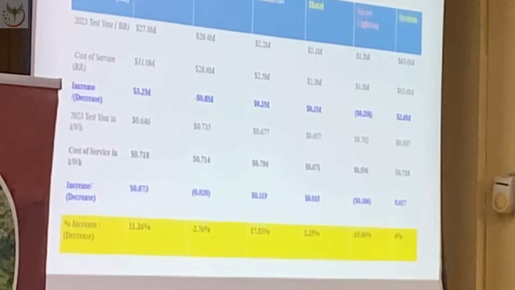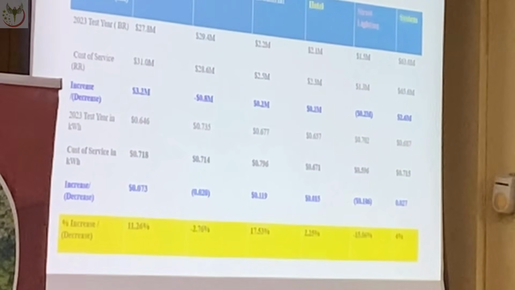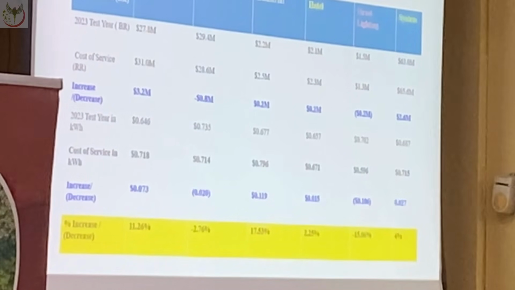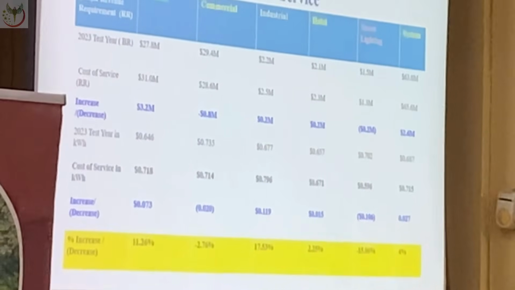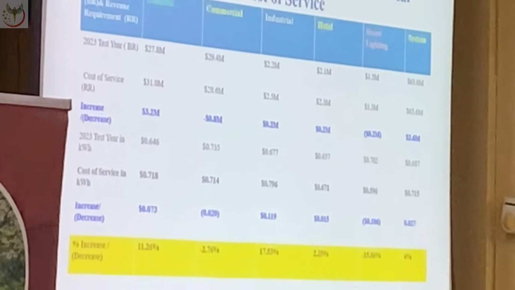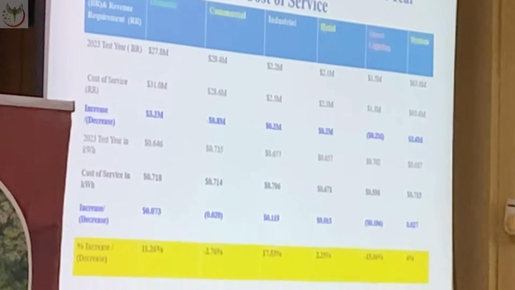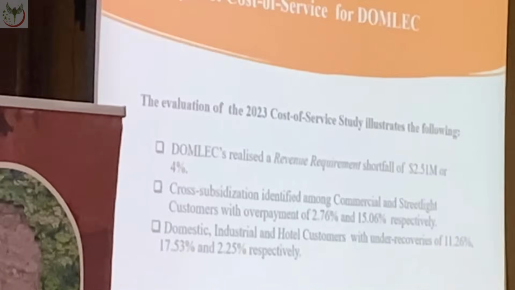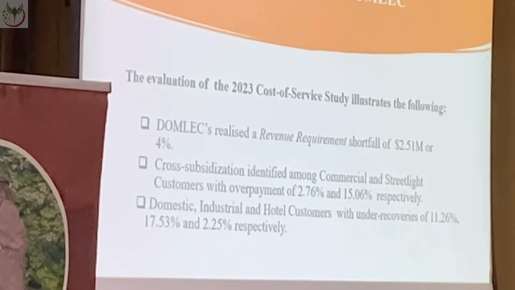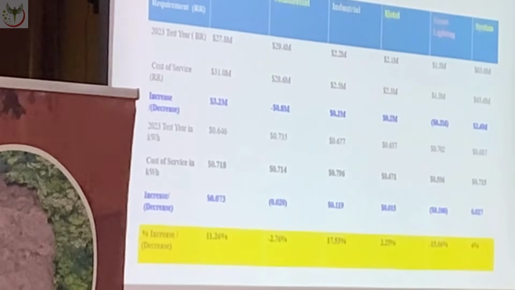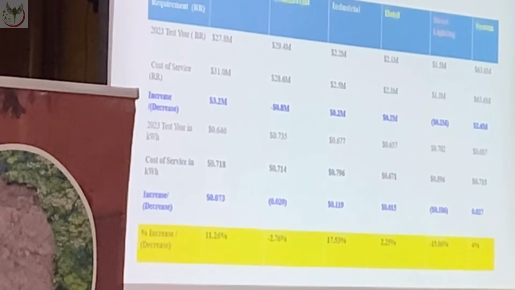Now, under each category, it is showing us which customer category are overpaying and which customer category are underpaying. So we are seeing, therefore, commercial customers are overpaying for electricity, even the cost of service, and street light customers are overpaying even the cost of service.